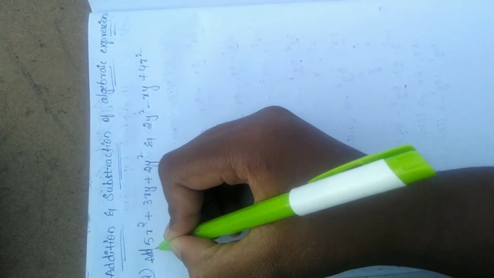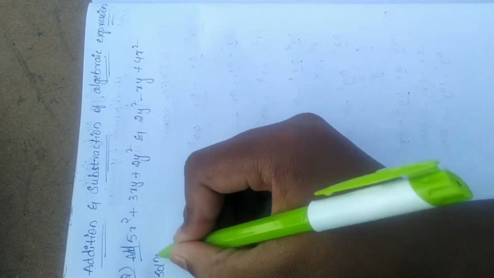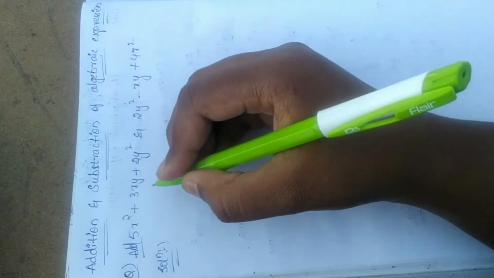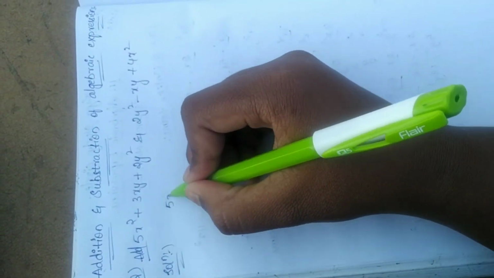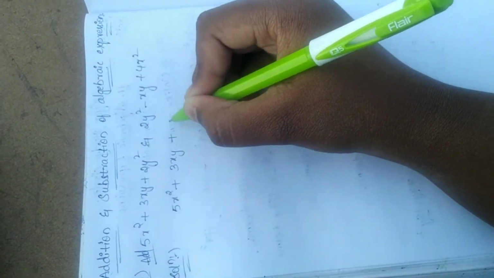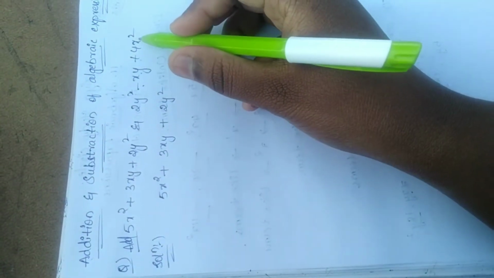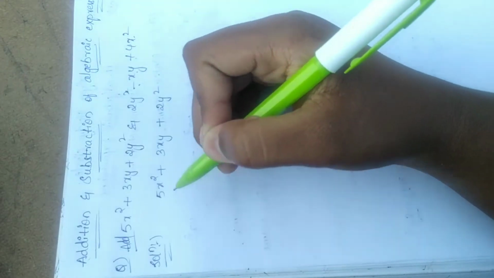Add these two. How to do? First write the x square coefficient, then the xy coefficient, then the y square coefficient. We have to write this expression in order. Here we have 2y square minus xy plus 4x square. We have to write in order.